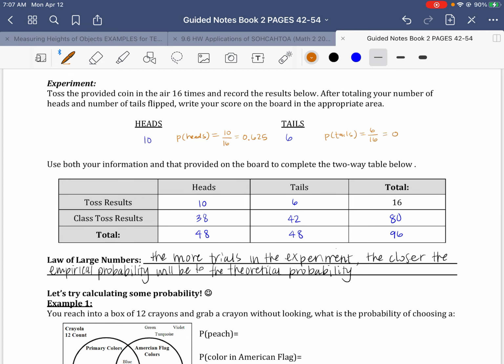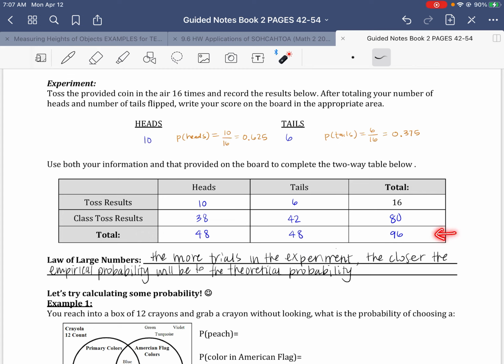So 6 divided by 16 gives me a decimal of 0.375. And you'll notice that there's only 2 sides on a coin. So theoretically, we should get heads 50% of the time and tails 50% of the time. But when we perform an experiment, anything can happen. So those totals are not quite 50%.